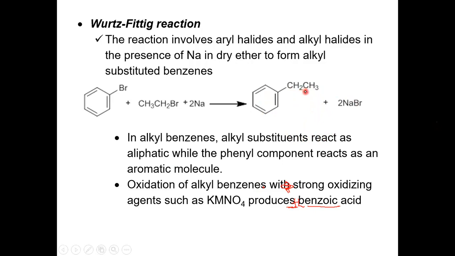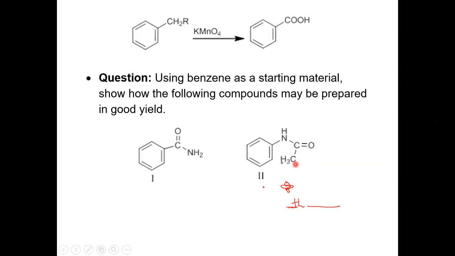Assuming there are 10 carbons on the chain and you still use KMnO4, it would form benzoic acid. Irrespective of the chain length, you get benzoic acid. So always you form benzoic acid if you oxidize it with a strong oxidizing agent.